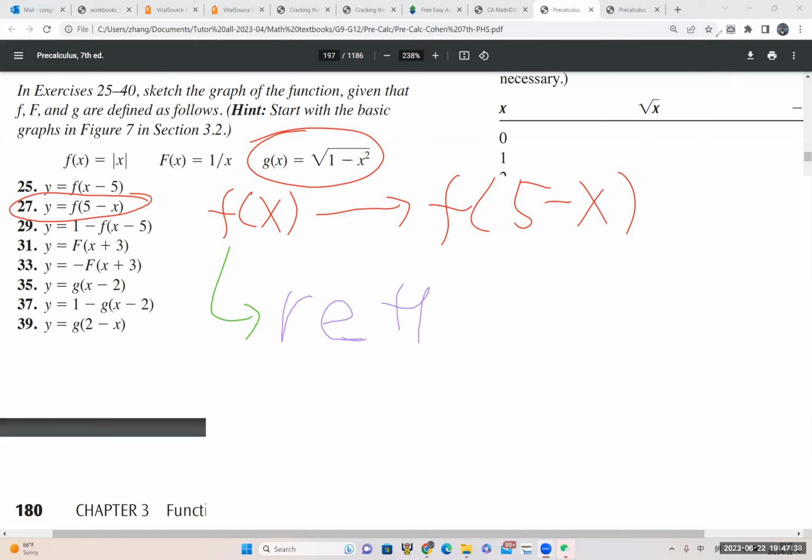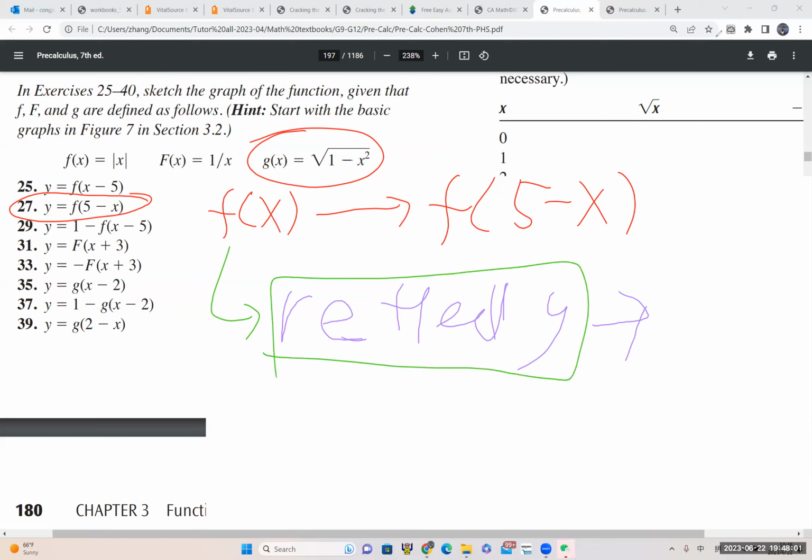By y, then what do you get? By reflecting by the y-axis, what kind of new function do you get?